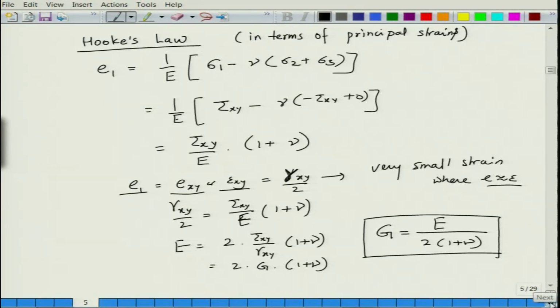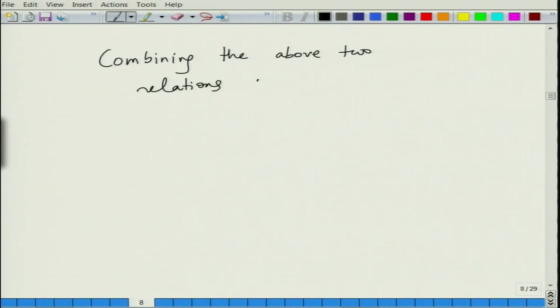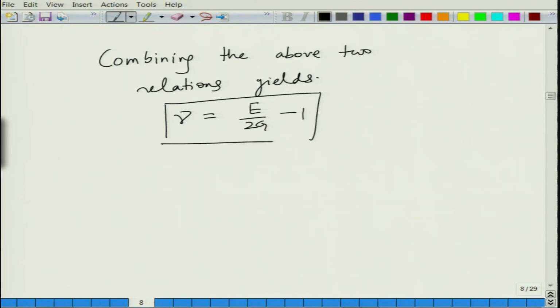So, naturally, if you combine these two equations, you can obtain a relation. Combining these relations yields nu is equal to E divided by 2G minus 1. So, this is the third relation that you get between these quantities.